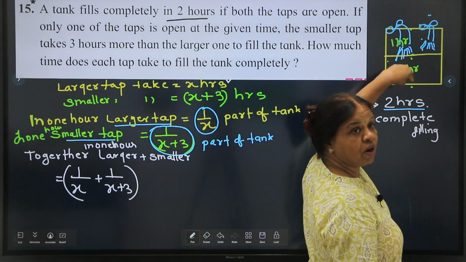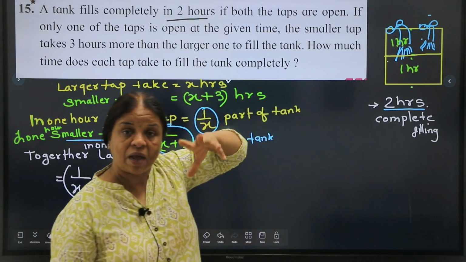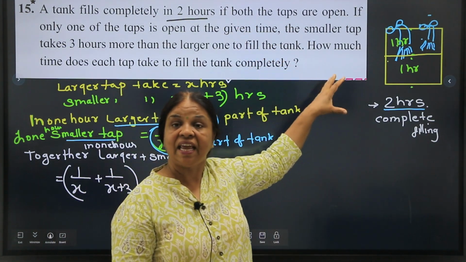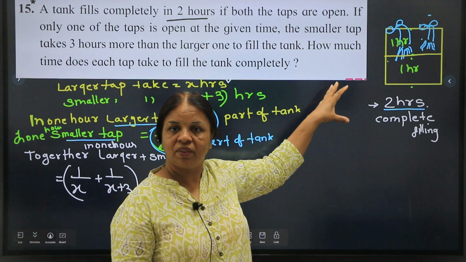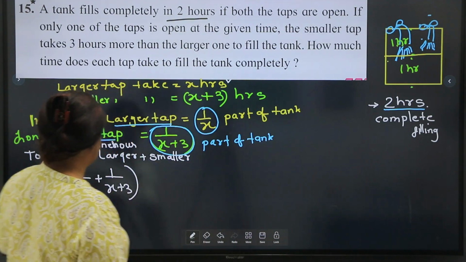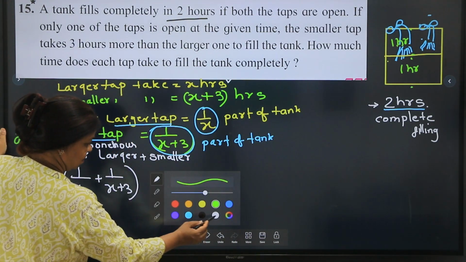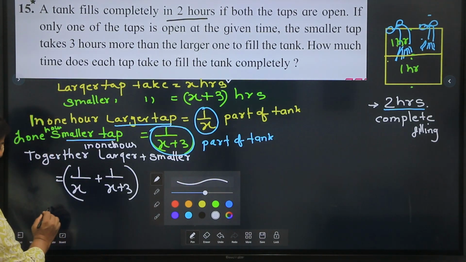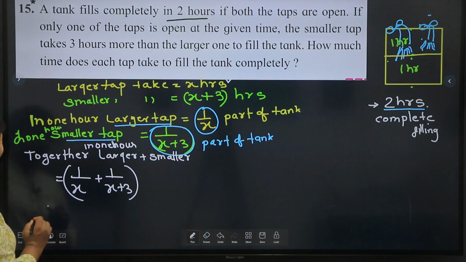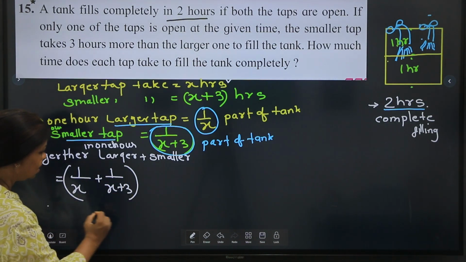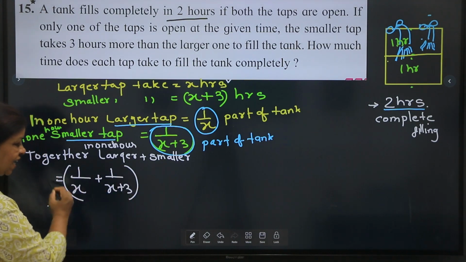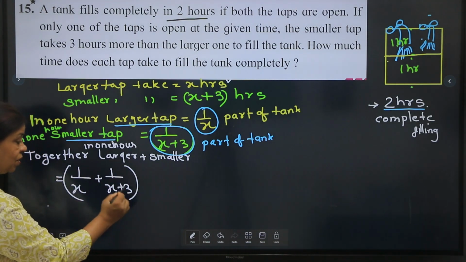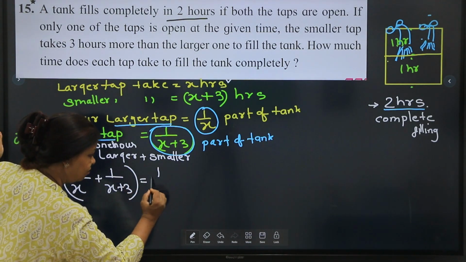Means in a total of 2 hours both the taps will fill the tank completely. Clear? So we can say that in 1 hour, this is the part of the tank filled by both the taps, which is equal to half the tank.